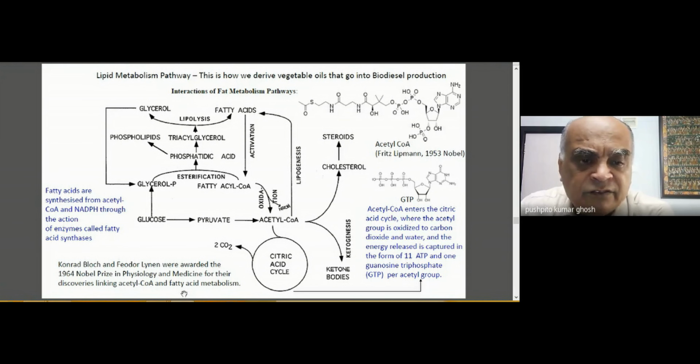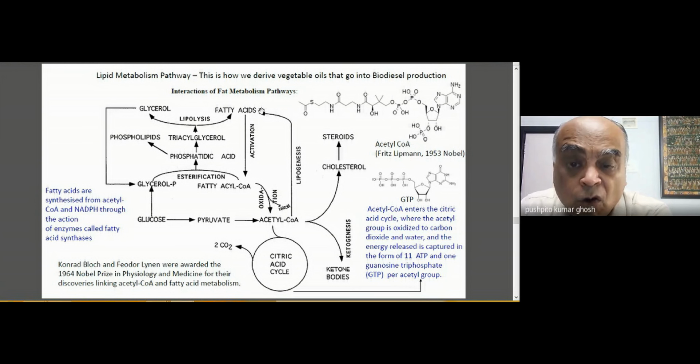So what this slide shows you is two things that can happen. One is how I can assemble a lipid from small molecules, like glucose getting converted into pyruvate, and then these getting assembled to form fatty acids. This business of forming fatty acids is known as lipogenesis.